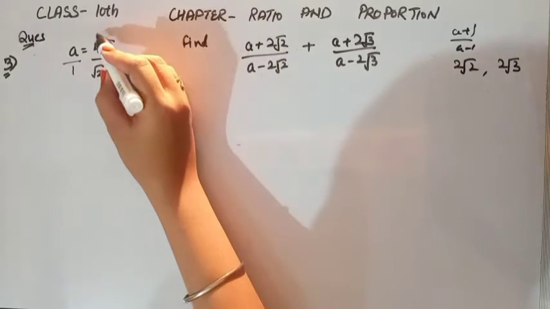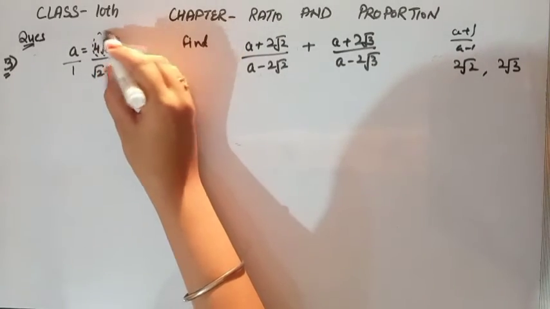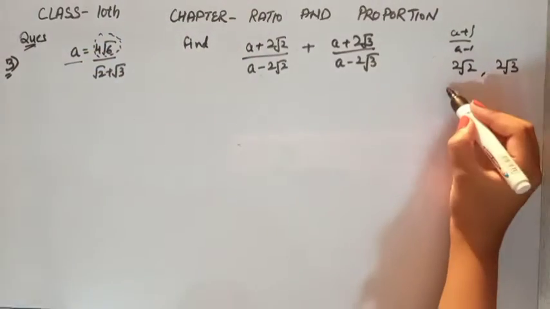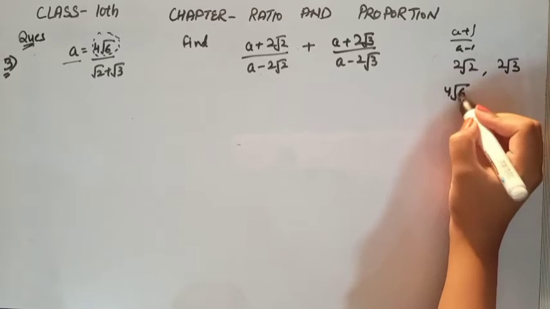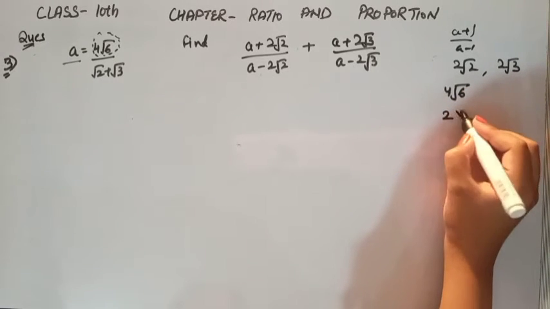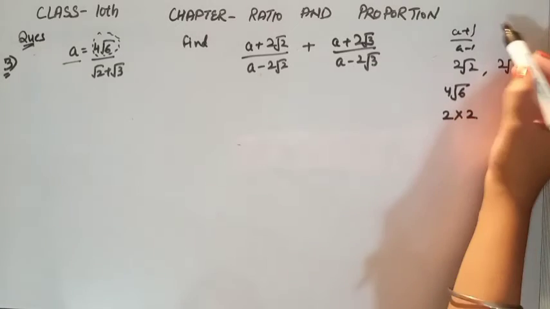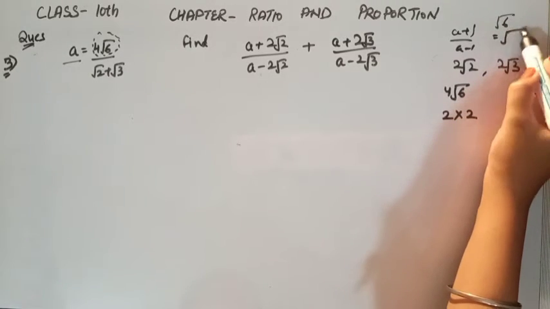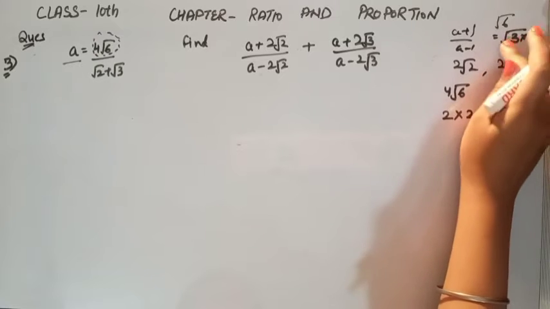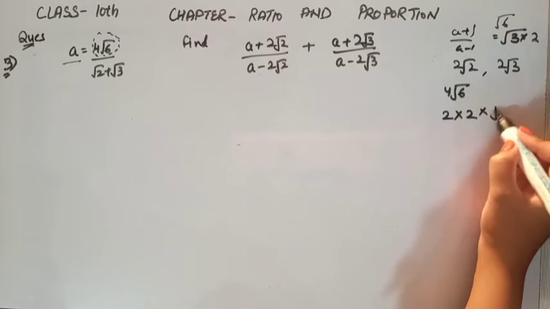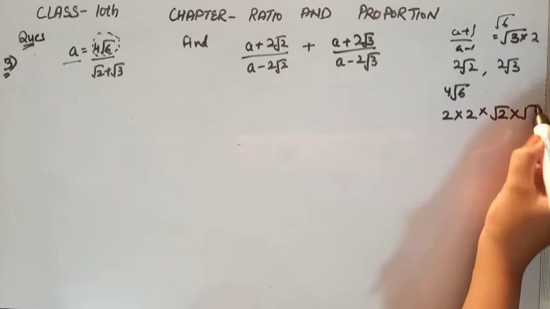So it means we have to split this term. What is it? It is 4 root 6. It can be written as 2 into 2: 4 can be written as 2 into 2, and root 6 can be written as under root of 3 into 2, and these we can also split, so it can be under root 2 under root 3.